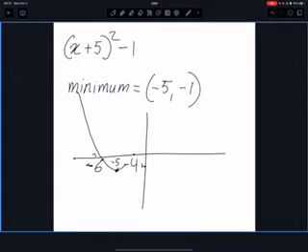It does this. Done. Here are the roots. It goes through the roots and it goes through the minimum. Done, done. Sketch it. 2 seconds. Yes, you put those three and then, yeah, it says sketch.